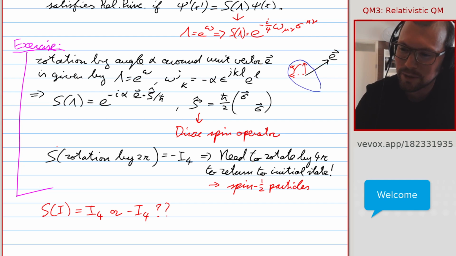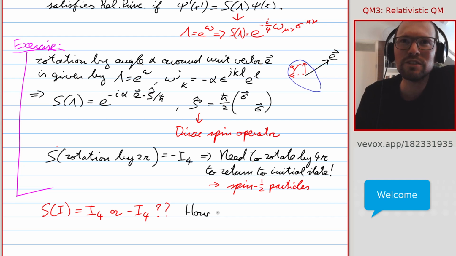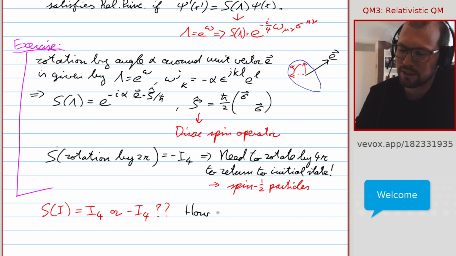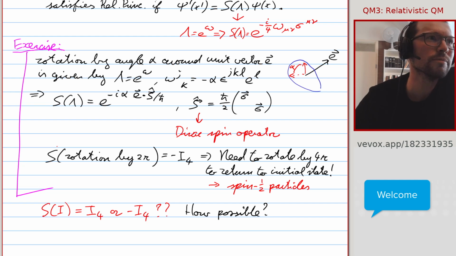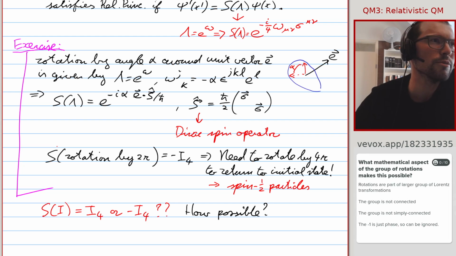So how is this possible? Let's think a bit about this. This is not really exam material, but I want to go through it because it's actually quite a nice argument. Let's do a quick poll for this. I've listed a couple of possibilities.